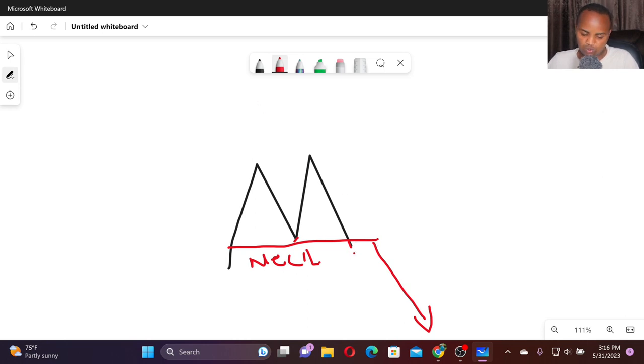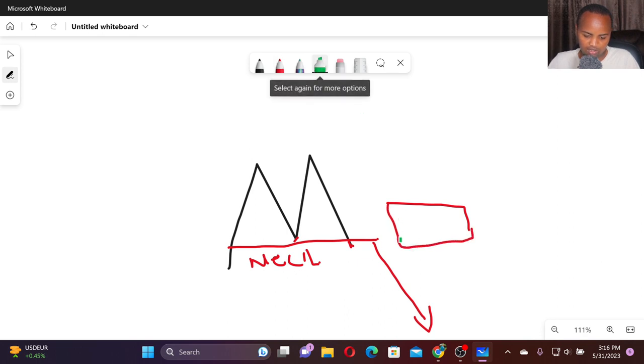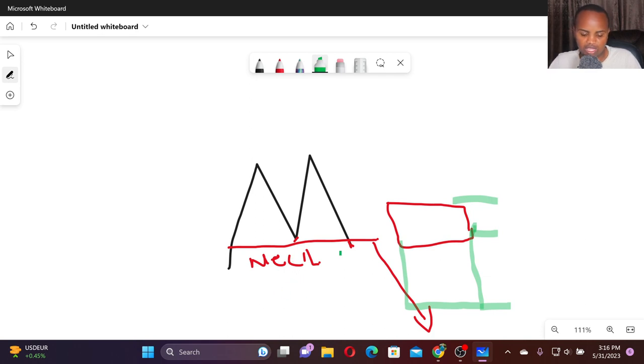So when you enter a sell over here, you can put your stop loss somewhere there, have your entry around this region, and have your TP going down to this point over here. You're going to know the market is going to go down around this area, this being the neckline.